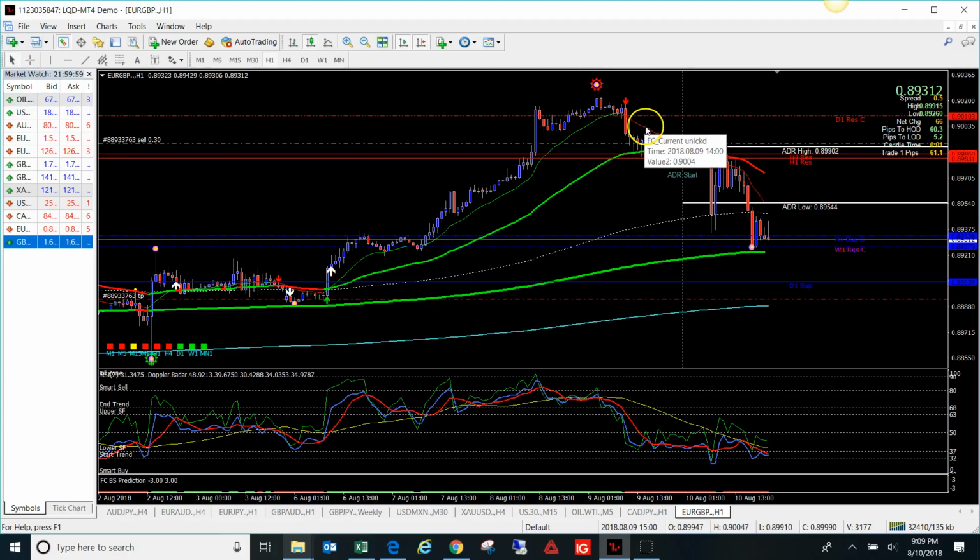So this is going to shift. You can enter this for the sell because you have this engulfing bearish candle. So that's going to be a key.